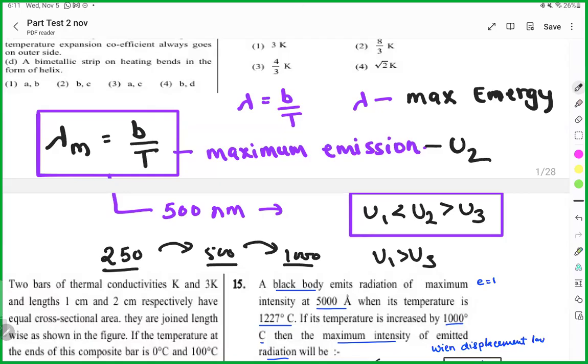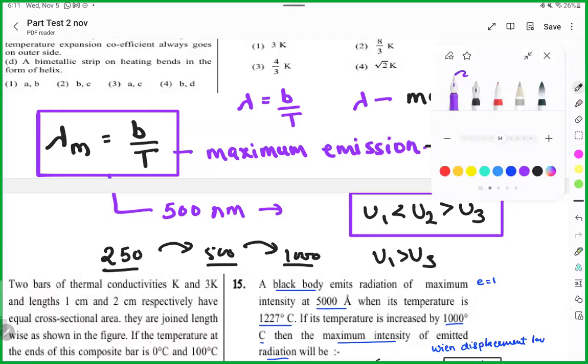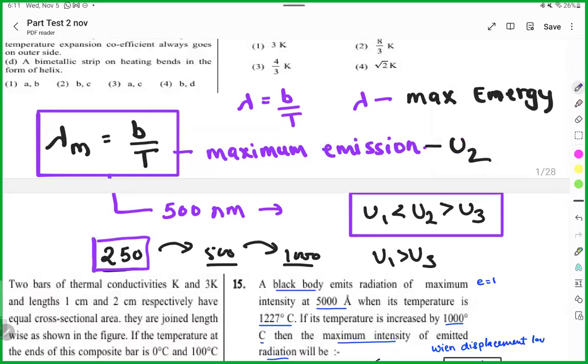How did I get to know? If wavelength is less, then temperature will be more. And if temperature is more, you know emissivity is equal to sigma T raised to power 4. More temperature, more emissivity. Right?